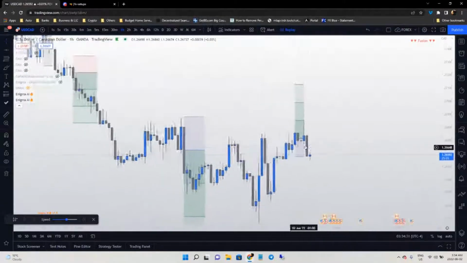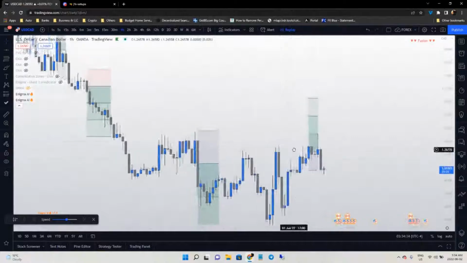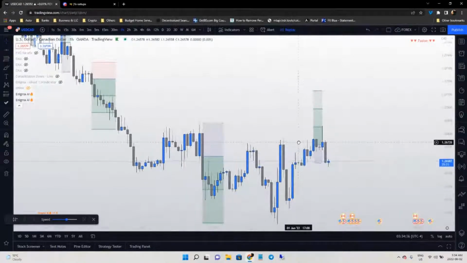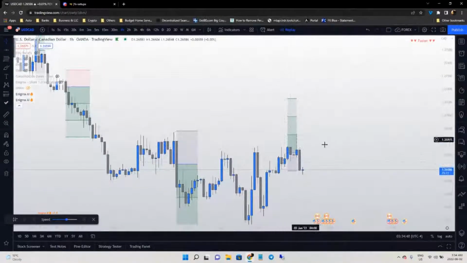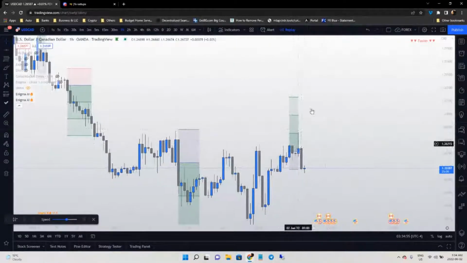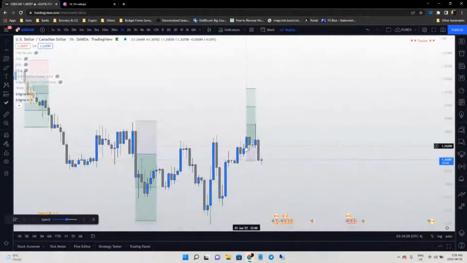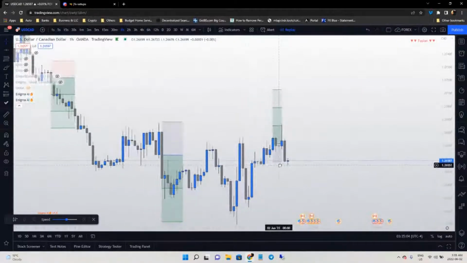So it was a small win, but it's better to trade with the trend than to go the opposite of that trend. Unless the trend is reversing, let's say Fusion was still going bullish, we may have gone higher. But since it was against the trend, it just exhausted the price here and went straight down afterwards.